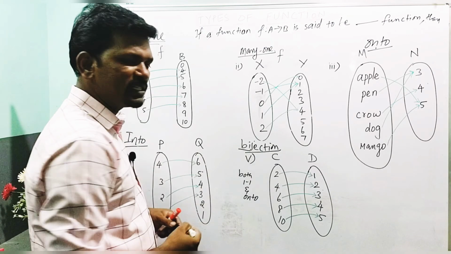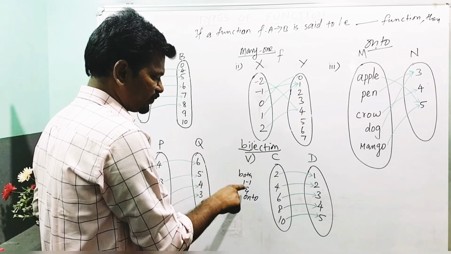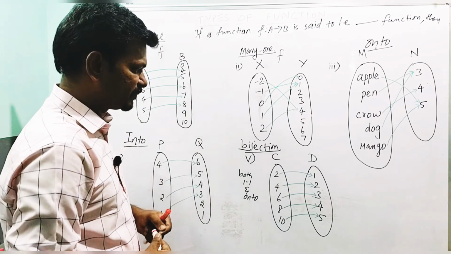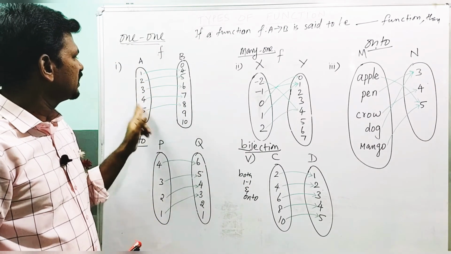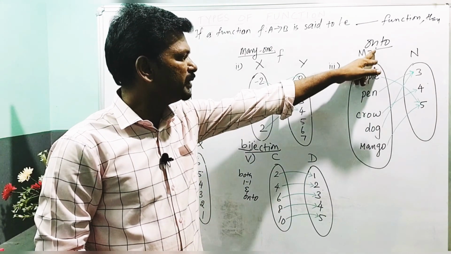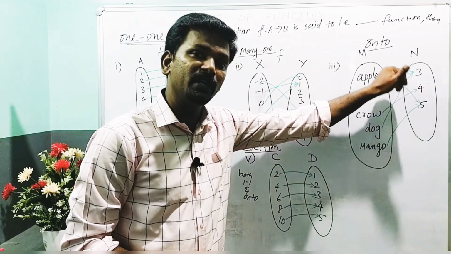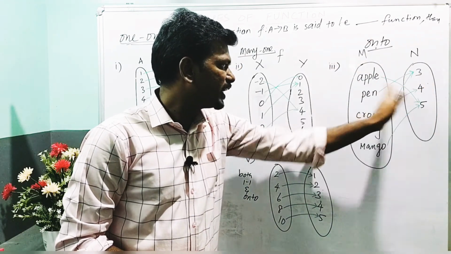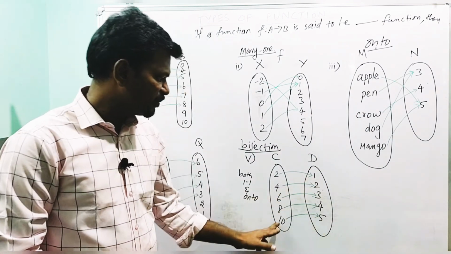We know bi means 2, so both one-one and onto here. One-one means a 1-to-1 connection. Onto means all the elements of the second set, all the elements of the codomain, should have a pre-image in the domain. So here everything in the codomain has a pre-image.